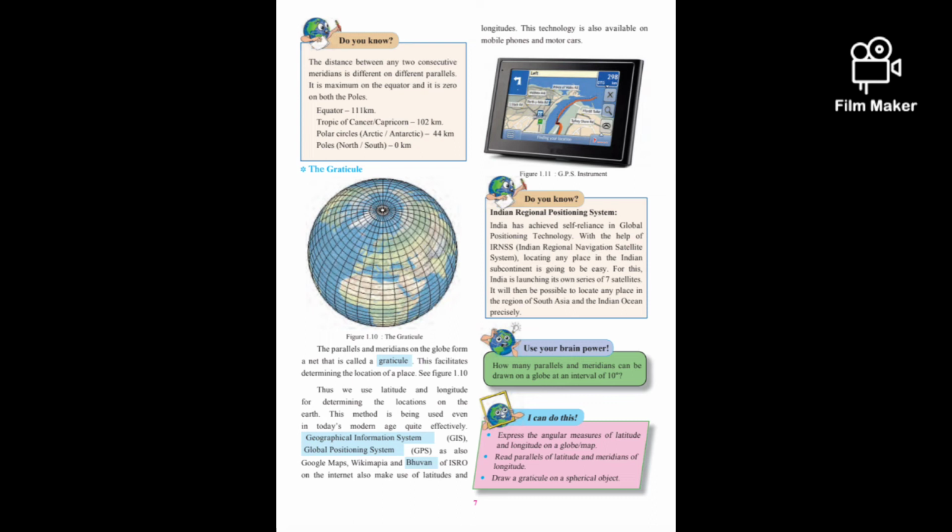This technology is also available on mobile phones and motor cars. Just see figure 1.11. This is a GPS instrument. We have this GPS system in our mobile, even in the car, which helps us to locate the exact place. It shows us the direction in which we have to go.